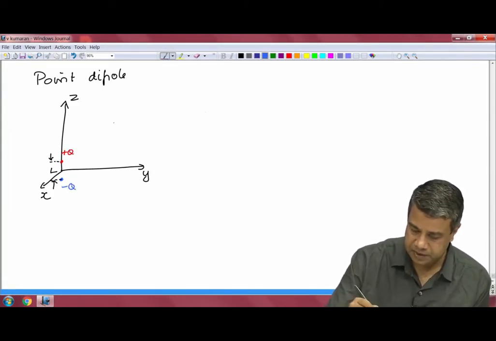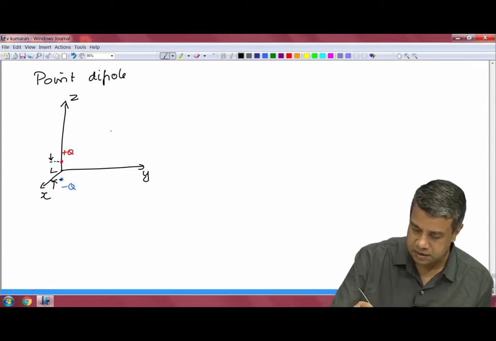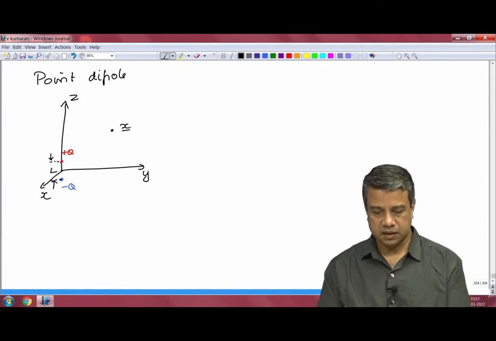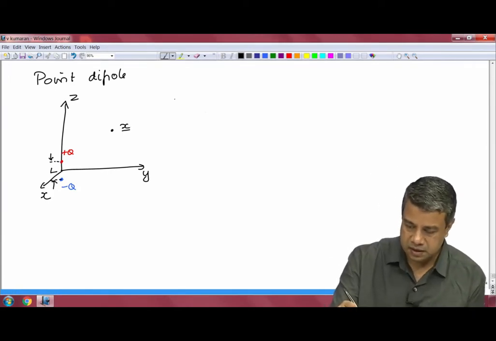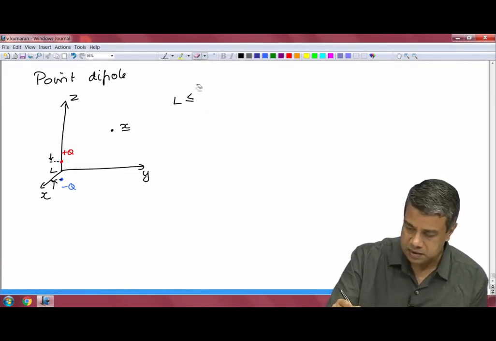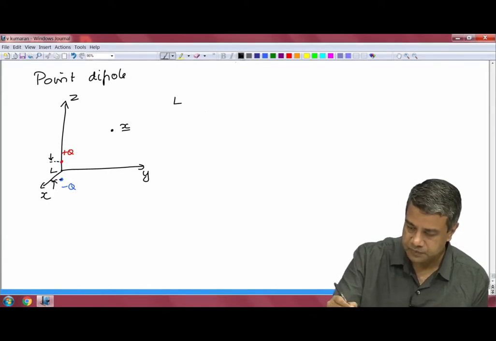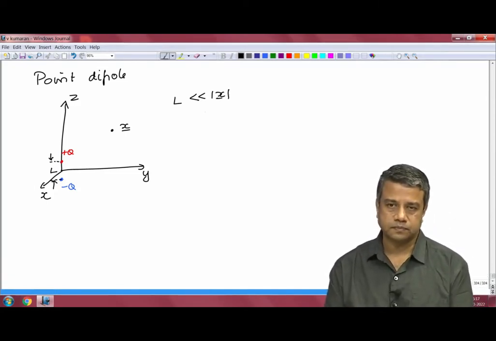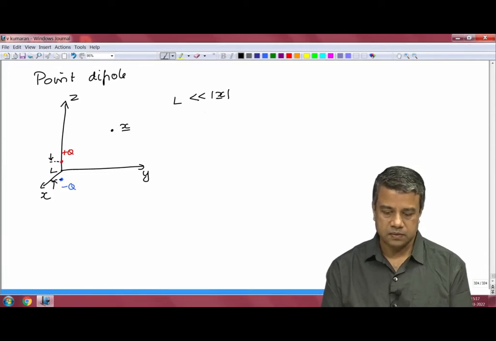If I am considering the temperature at some observation point x, in such a way that the length separating the two is much smaller than the location of the observation point x, what is the temperature?